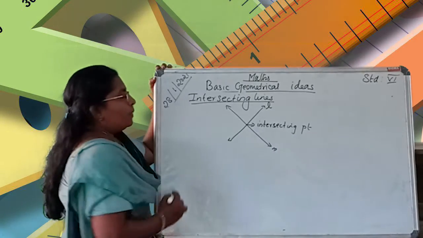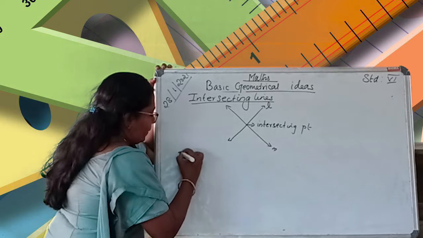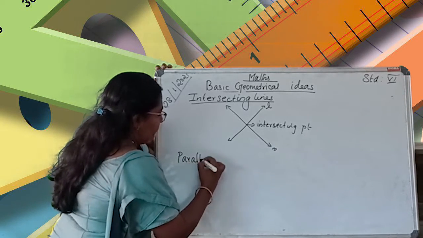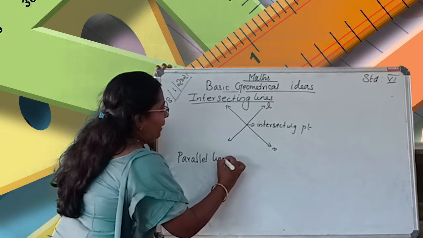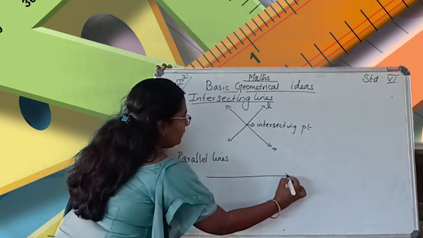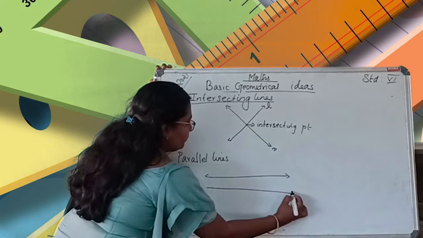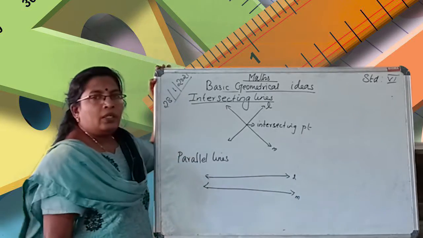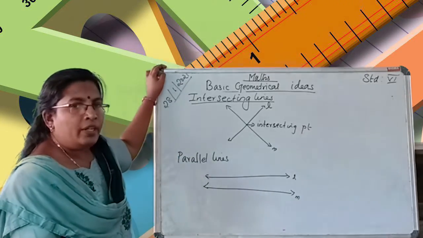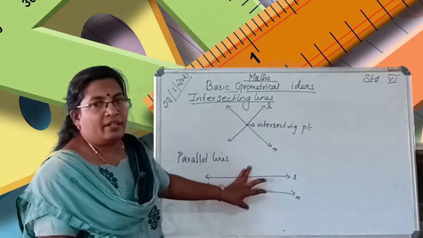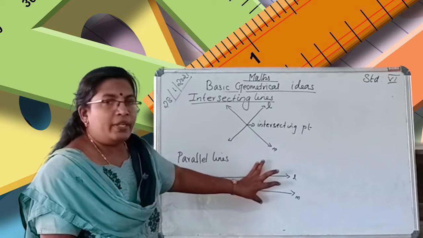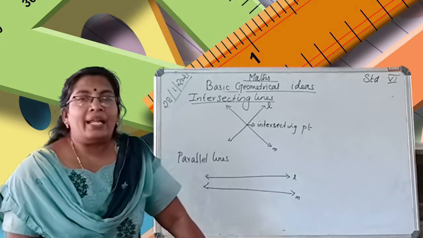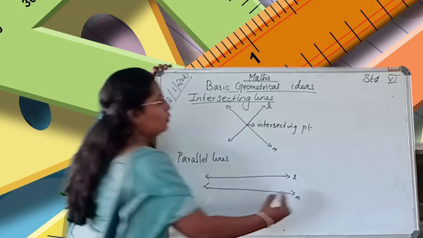Next is parallel lines. Two lines will not meet anywhere. This cannot meet anywhere. So L and M are called parallel lines. Then parallel lines, how to write it?